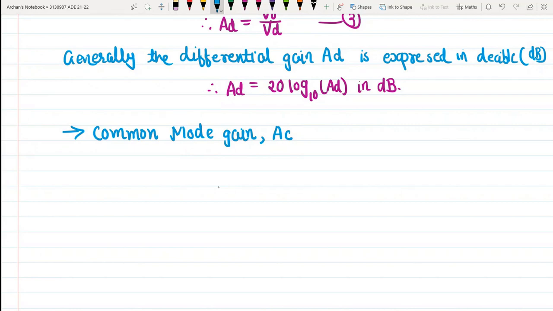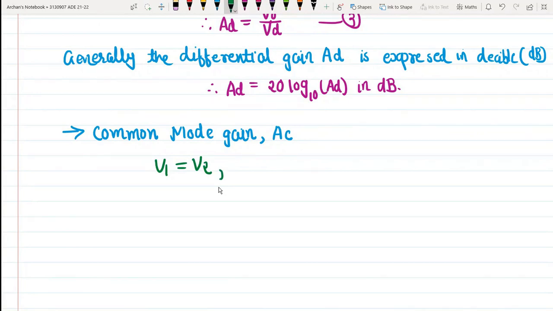Suppose we apply two input voltages which are equal in all respects to the differential amplifier, so both inputs V1 and V2 are the same.